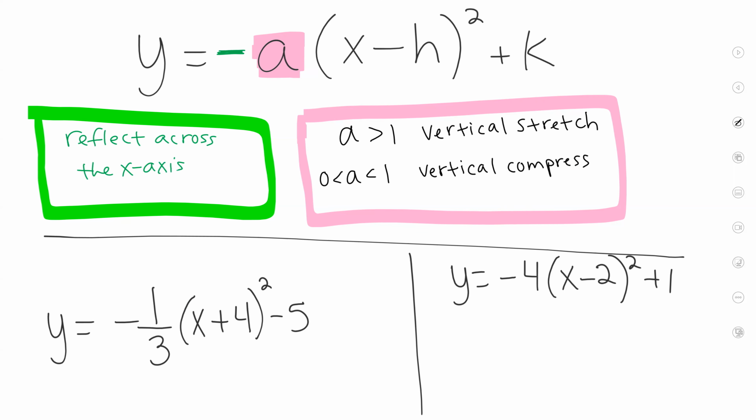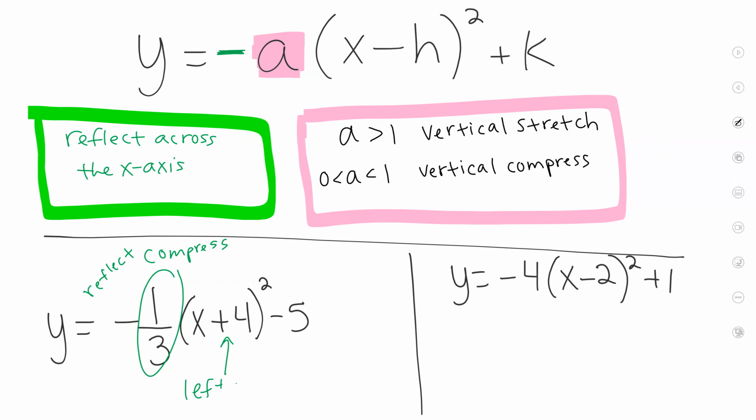Okay? All right. And so let's look at these transformations here. I have a negative in the front, so that means it will reflect, correct? I have this number is a 1/3. So will that be a stretch or a compress? Compress. So this will be a compress, and this will be a reflection. I'll just put reflect. And what will this do? Good.